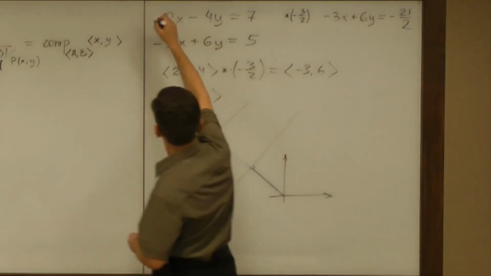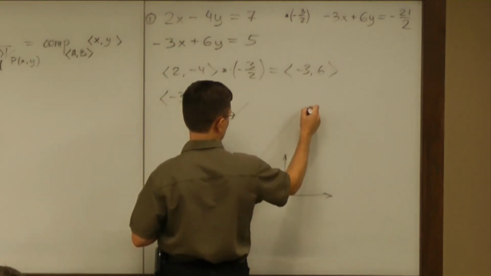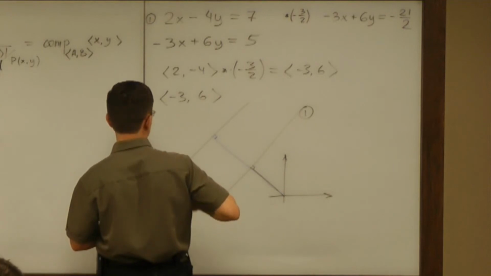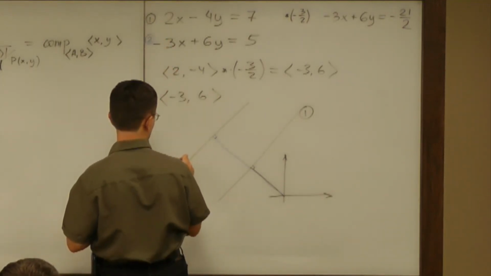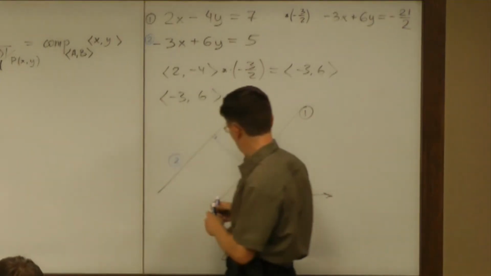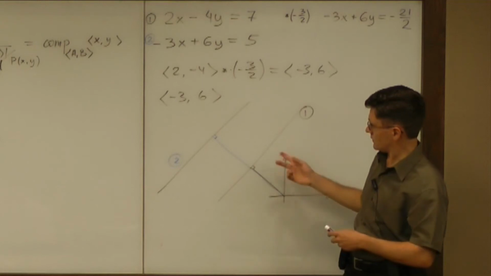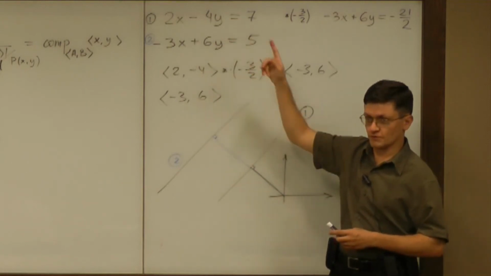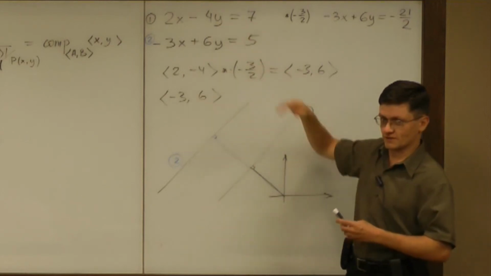Now let's say this is the first line, number 1, and that is the second line, number 2. Of course, I created a picture without even thinking about numbers, so this picture might not correspond to what algebra says.